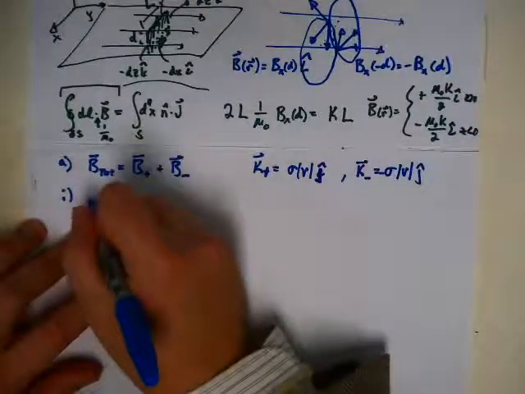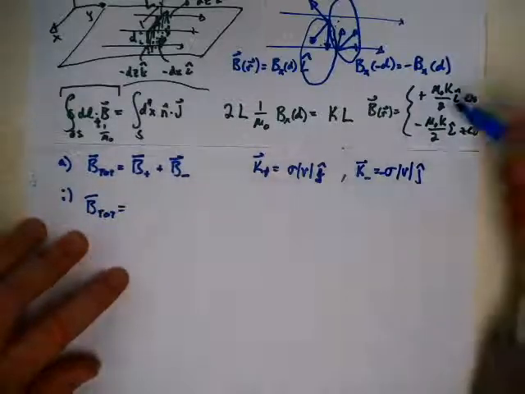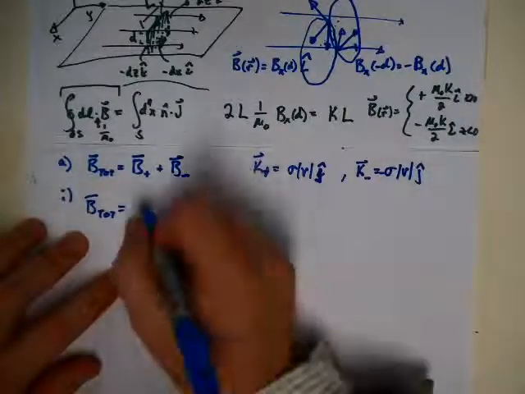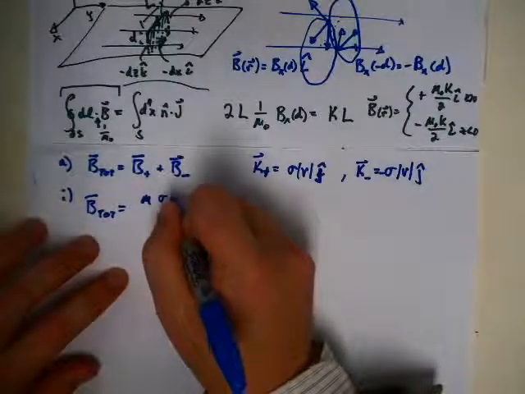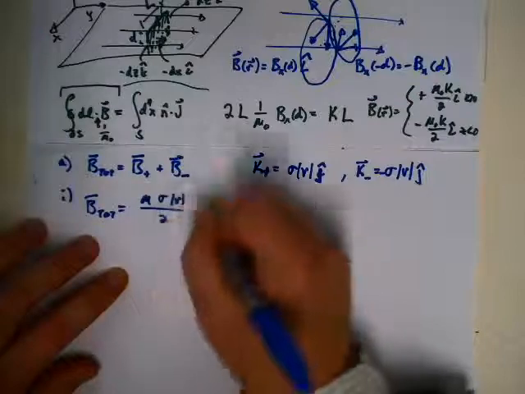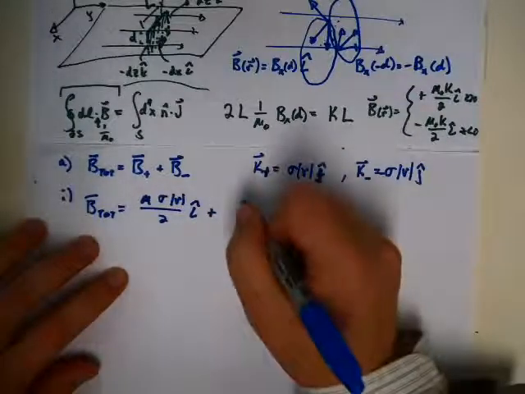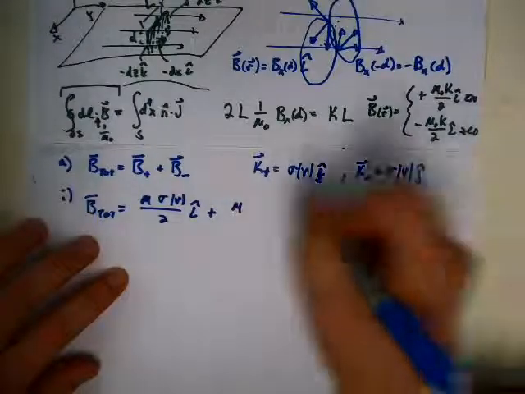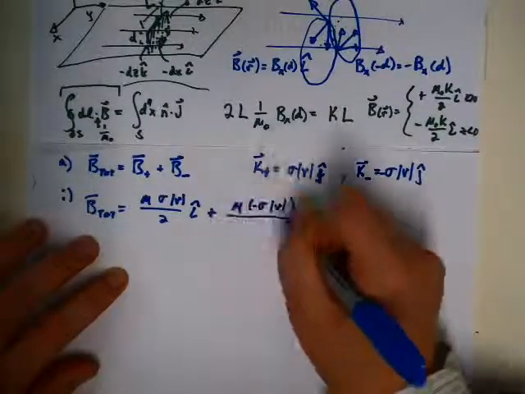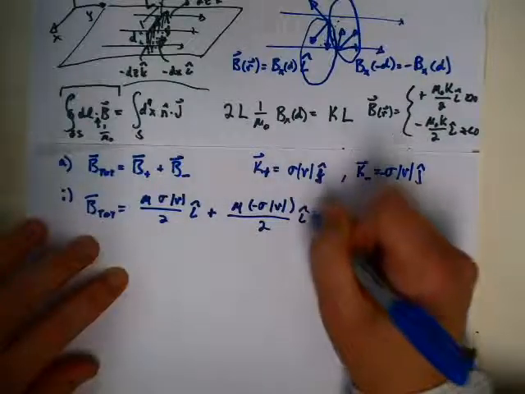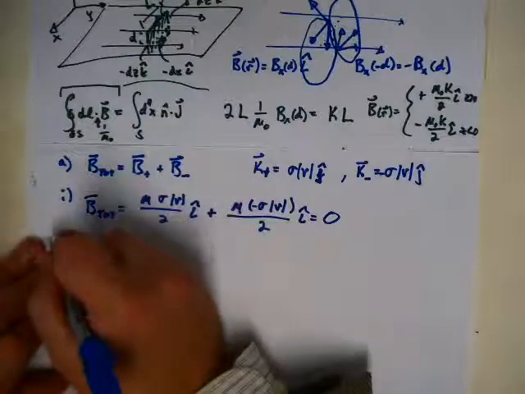So for the total magnetic field above both of them, I'm going to use the plus sign for both. This will be plus mu naught sigma V over 2 I hat. For the second, I use the plus sign out front, then mu naught and minus sigma V over 2 I hat, which is going to give me 0. So in region 1, I get 0.